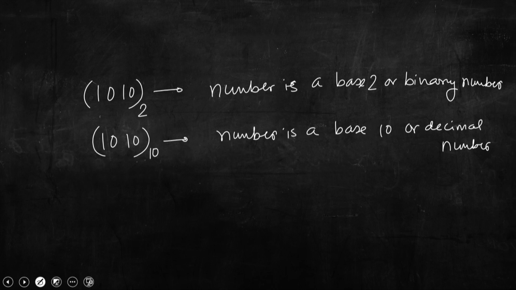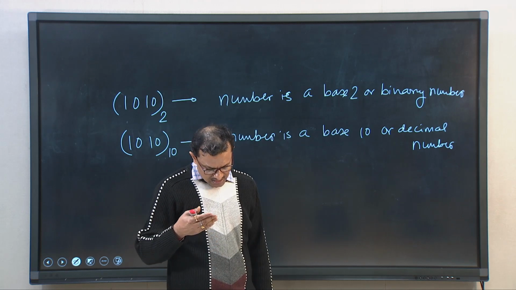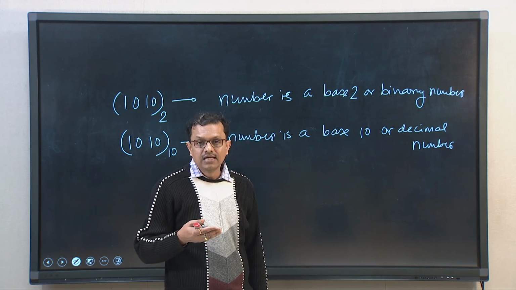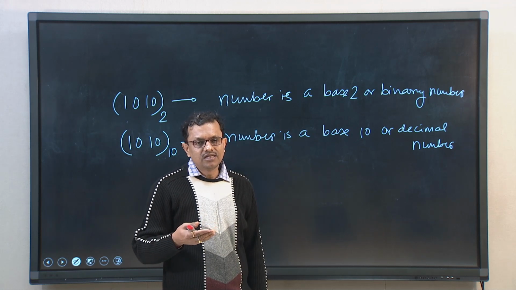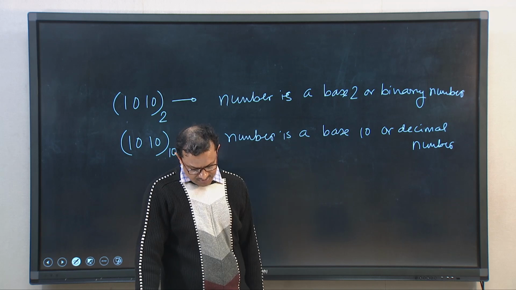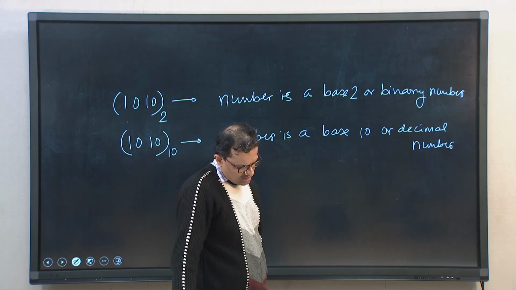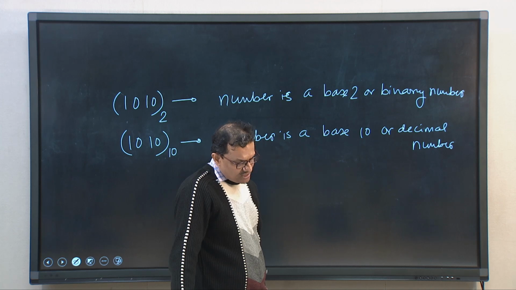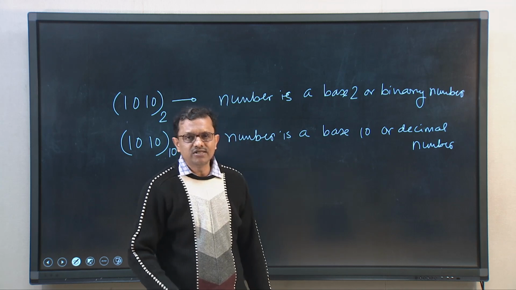Now, the question is, we will take an example to see how we can write any numerical number in the form of 0 and 1, that is, binary numbers. So, conversion of decimal to binary with the help of an example. Why do we need to do it?